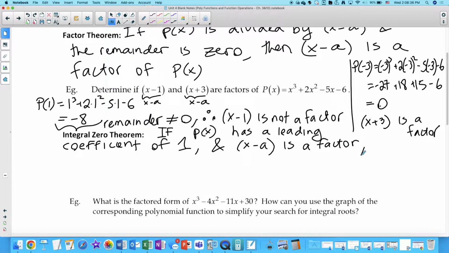Okay? So if the leading coefficient is 1 and x minus a is a factor, then a must be a factor of the constant of the polynomial.